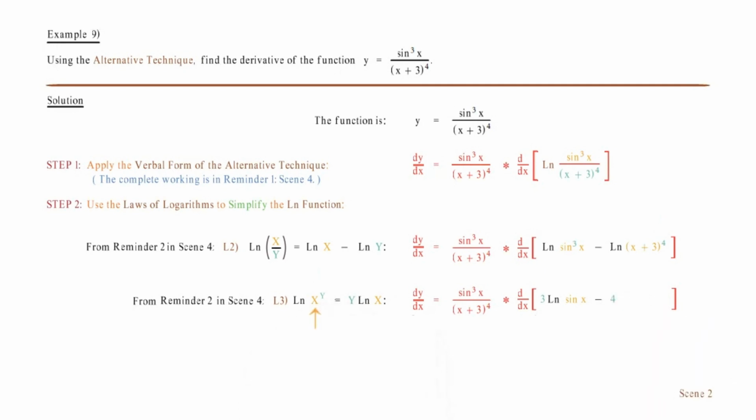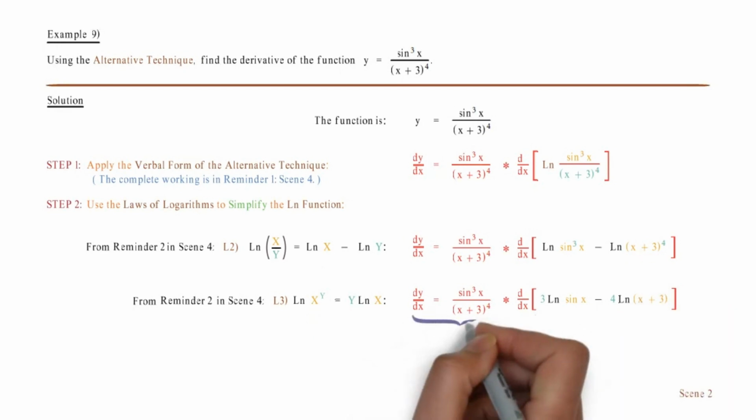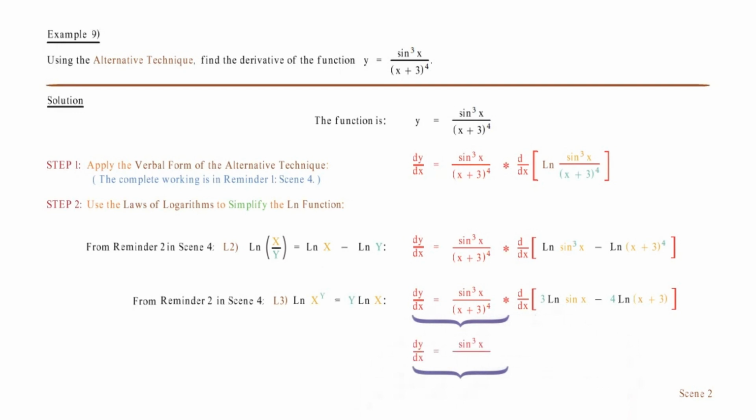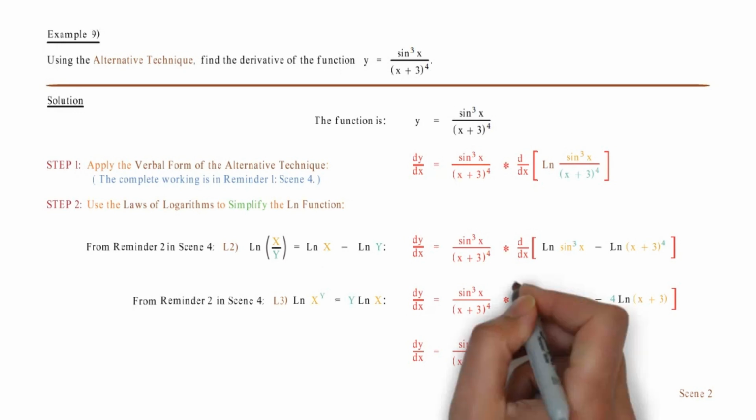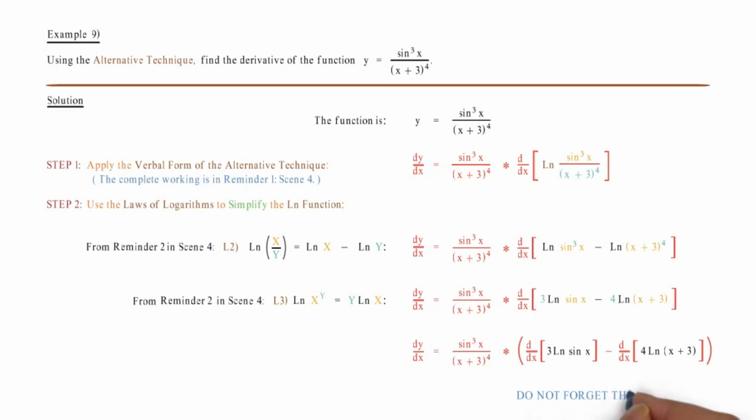Since x is x plus 3, 4 times ln of x is 4 times ln of x plus 3. Bring down. Using the distributive property, this derivative can be written as the difference between these two derivatives. Do not forget these brackets.